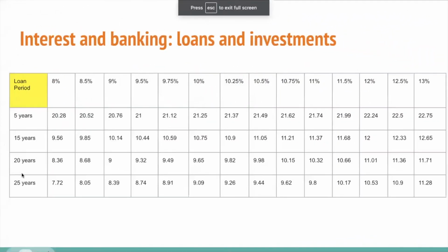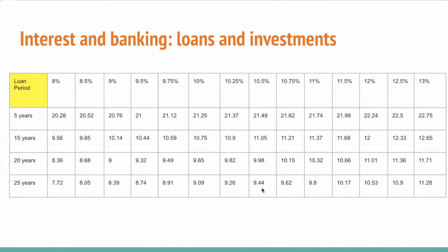So if we go back to the factor values, if you go to 25 years and 10.5%... No, this is wrong. 10.5 is 9 Rand 44 per thousand.